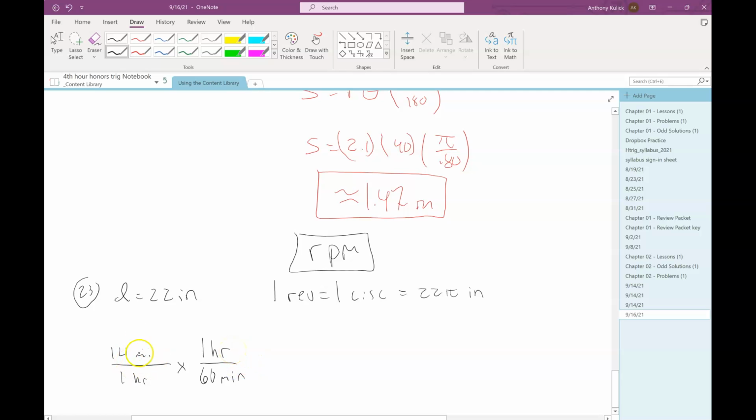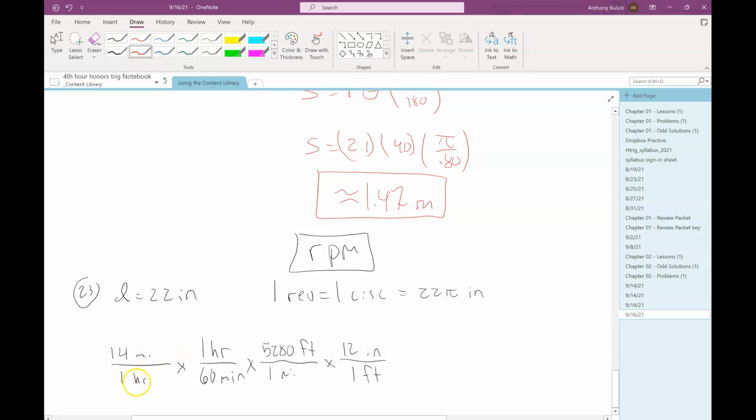Next, I'm going to work on converting miles to revolutions. Well, I know to get to revolutions, I need to be in inches. So let's start doing that. I don't know how many miles are in an inch, but I know that there's 5,280 feet in 1 mile. And then I know in 1 foot, there's 12 inches.